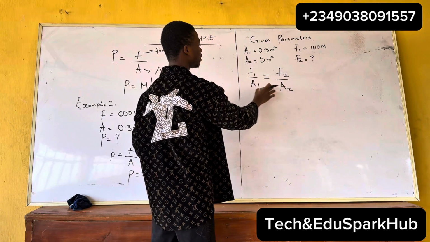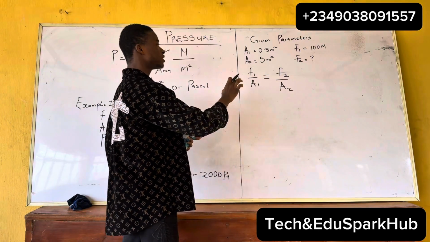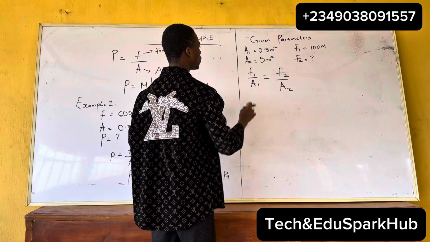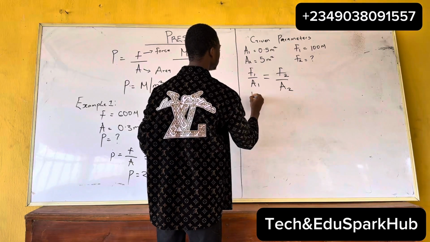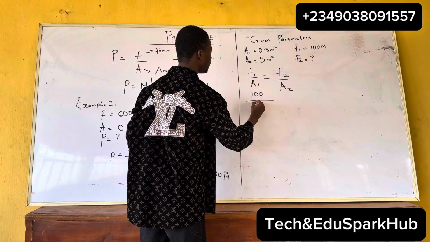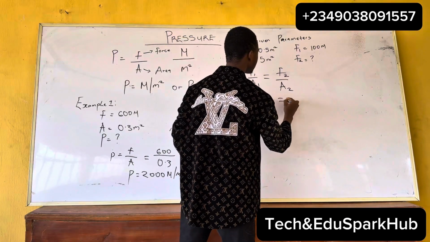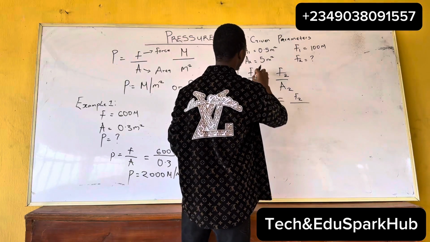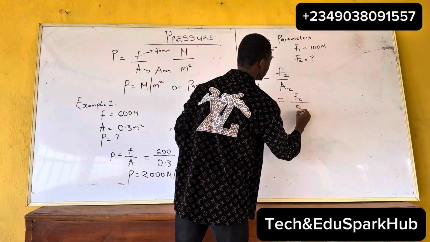This is the first pressure and this is the second pressure, and we can equate the two pressures together. Putting our parameters in the formula, we have F1, which is 100 Newton, divided by A1, which is 0.5 meters square, equated to F2, which is what we are looking for, divided by A2, which is 5 meters square.